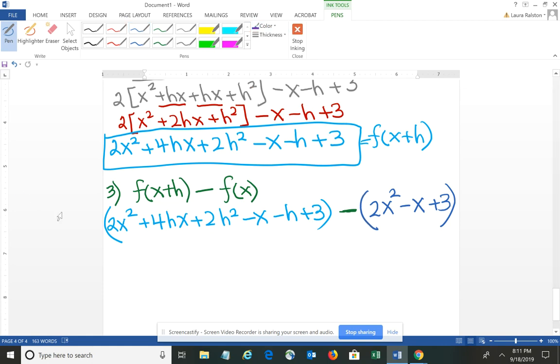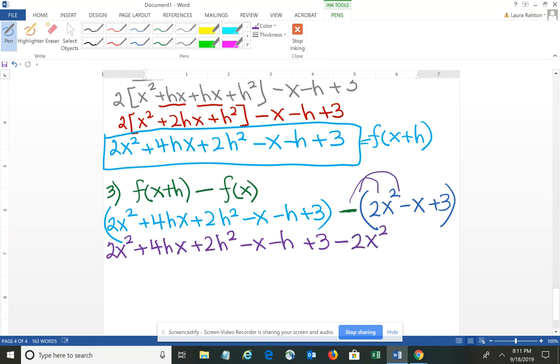So I have 2x squared plus 4hx plus 2h squared minus x minus h plus 3 minus 2x squared plus x minus 3 when you distribute the understood 1 there.